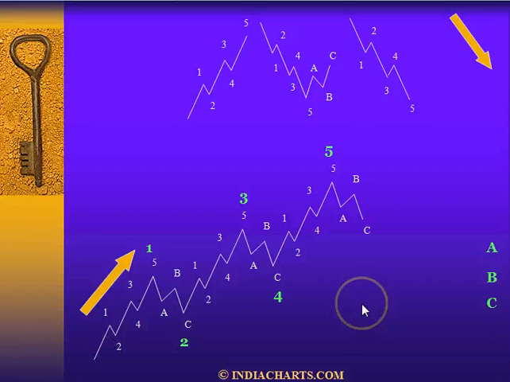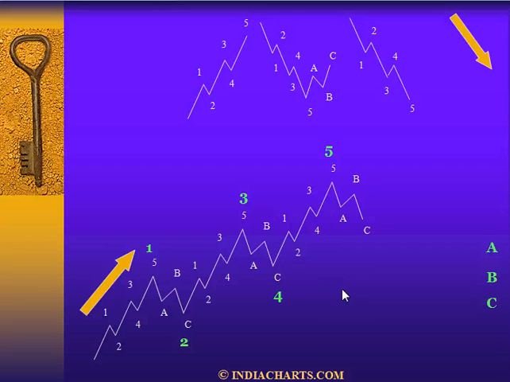So that's the first guideline of Elliott wave counting, and it's these guidelines that allow us to eliminate the wave counts that are not possible. And in that sense, I've just answered that Elliott wave counting is essentially the art of elimination.